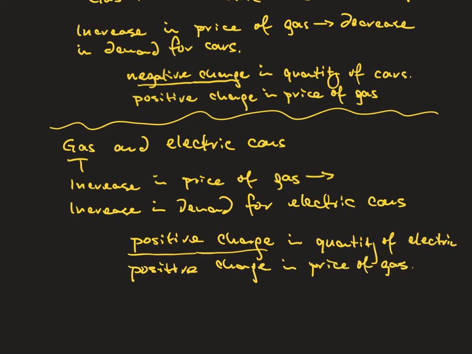Okay, something positive divided by something positive is positive. Like in the first example with complements, something negative divided by something positive, that'll be negative. They go in opposite directions.